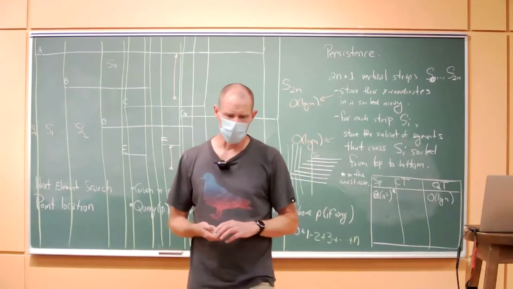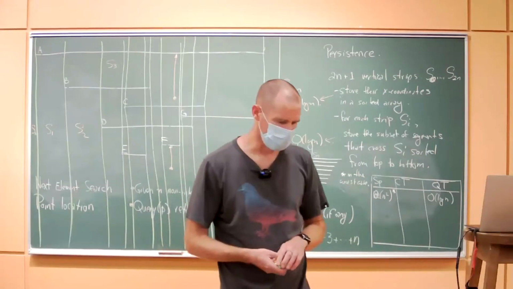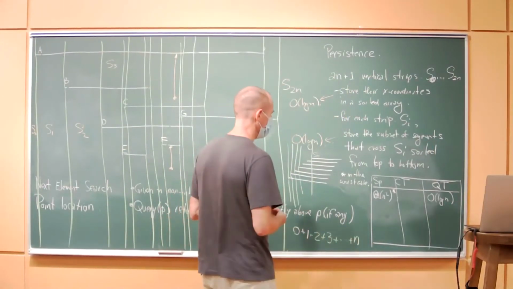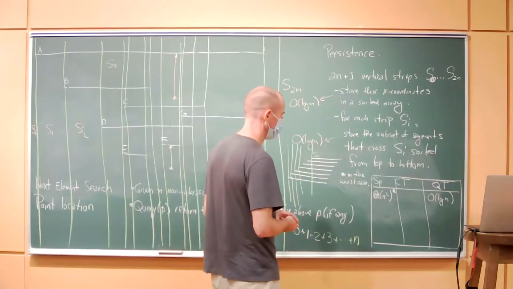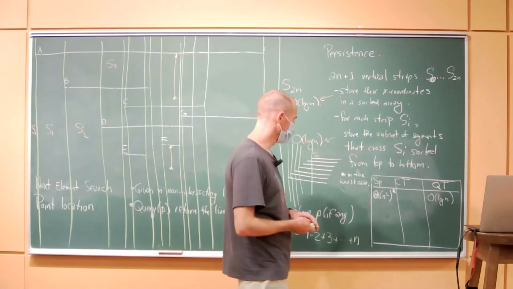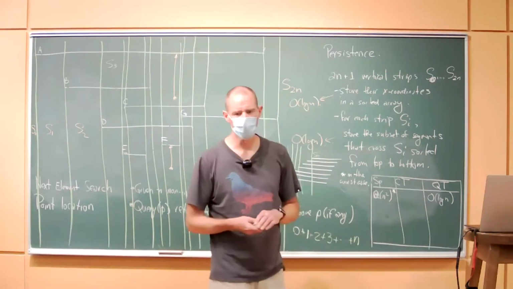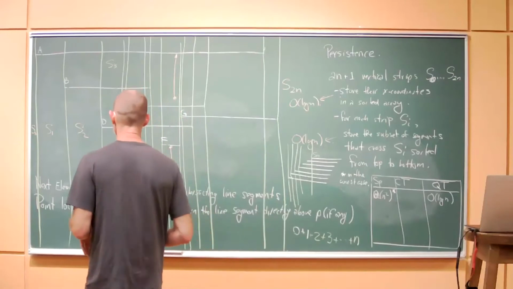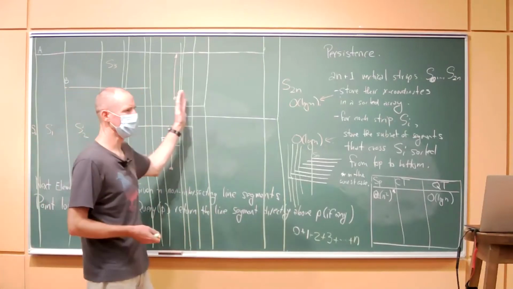And how long does it take to construct one of these things? Well, that's not too difficult. In fact, one of the things in the construction is this plane sweep to figure out what your strips are.